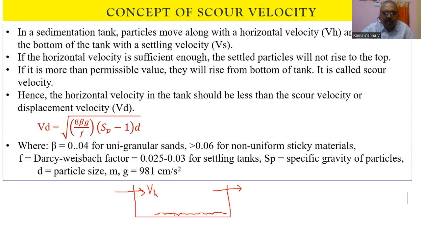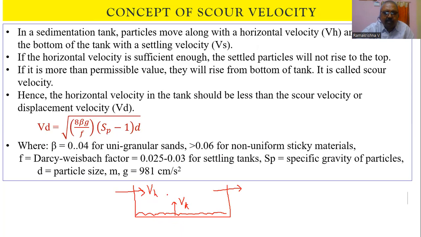So these settled particles will try to rise into the water with some velocity called the displacement velocity or scour velocity, VD. This velocity VD depends on a number of fundamental aspects of fluid mechanics. Our main job in sedimentation is that all the particles should settle, they should not rise.